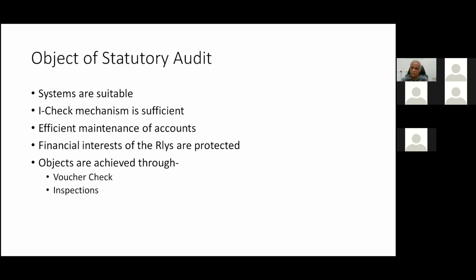Then that inspection will be done. As far as the inspection is concerned, whatever facilities we have to provide, those need to be provided. Our accounts department will be the liaison department between executive and accounts department. So whenever they want to go for inspection, they will write a letter, and we will also advise the executive.